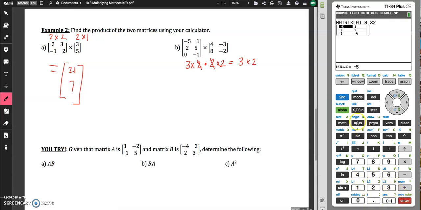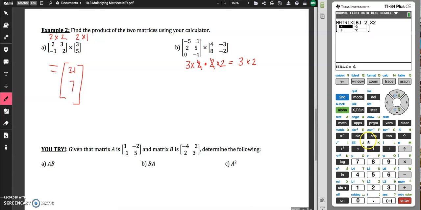Okay. And then I'm going to go back to the matrix home screen to edit my second matrix. So go to edit and then select B. This guy is a 2 by 2. 4, -3, 8, and -2.